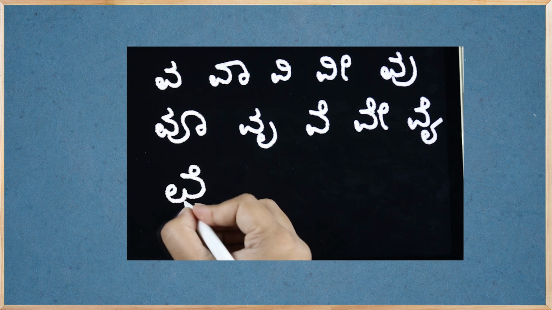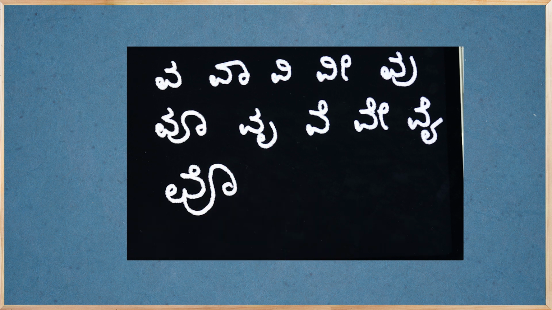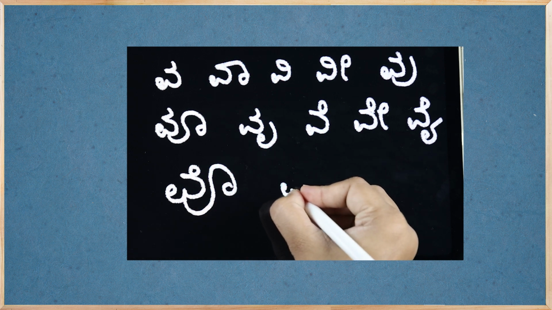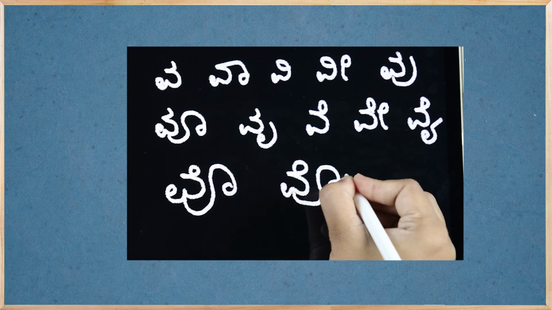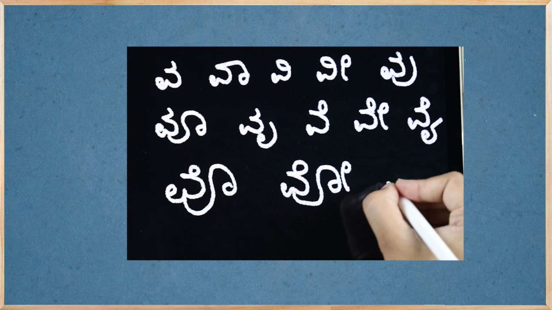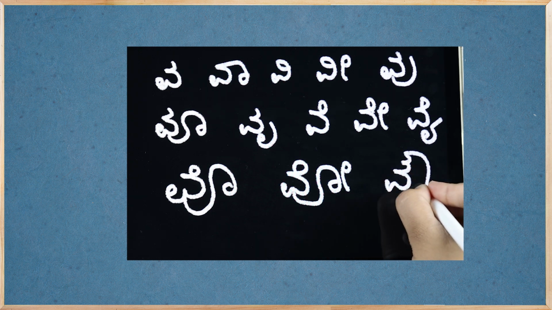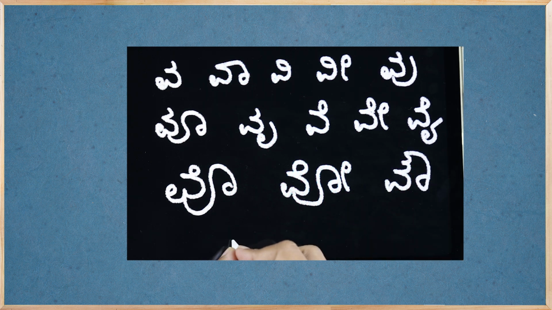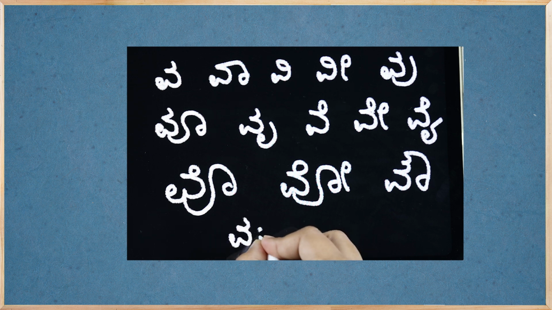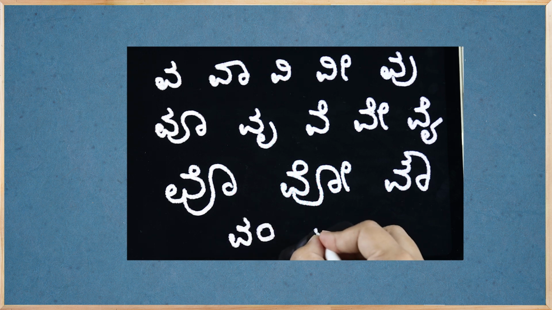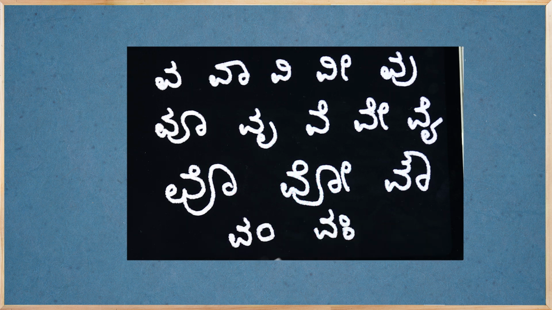The secondary symbol is added from below. Vo, Voo, Vau, Vam, Vah.